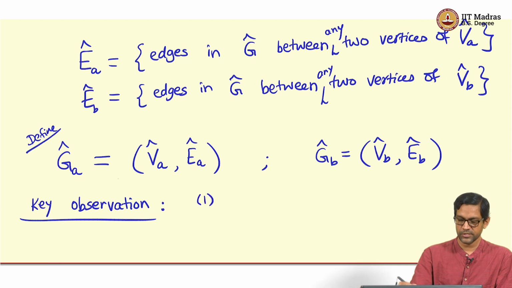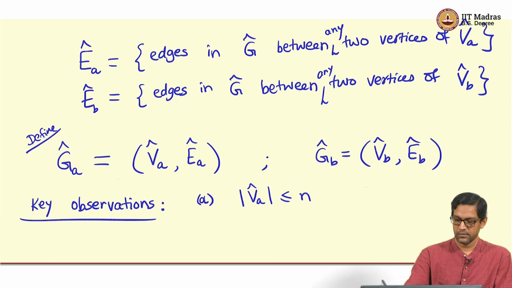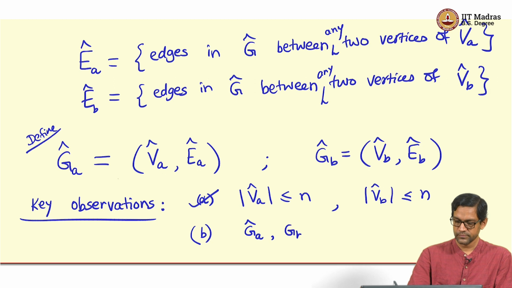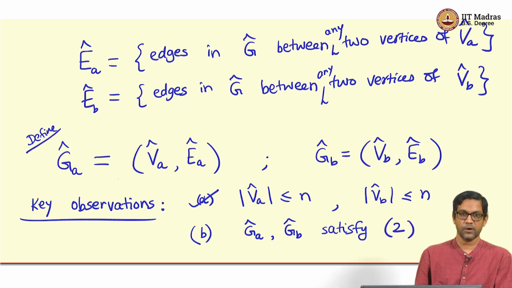Okay. So, the key observations may be: both these graphs have strictly smaller number of vertices than the original. Okay. So, that is clear because at least one is missing, and secondly both graphs satisfy that property 2. Okay. And what was property 2?